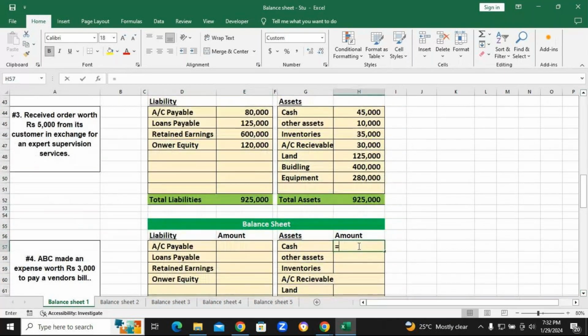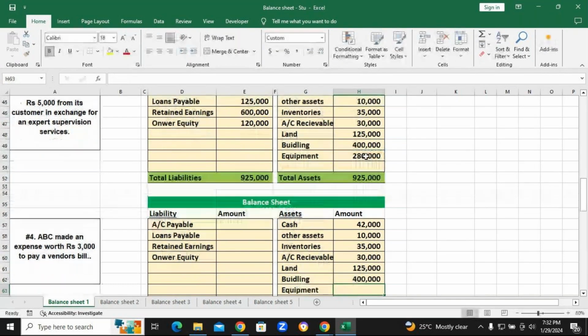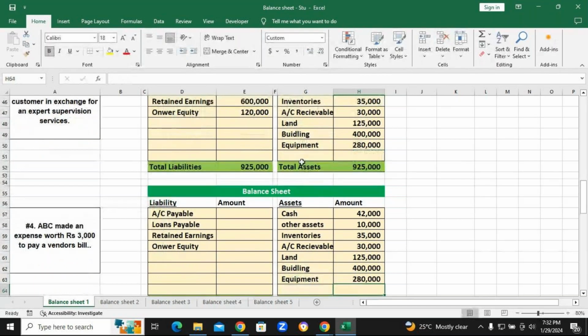So the values are going to be impacted on the cash, that is 45,000 minus 3,000 rupees. 3,000 rupees I am paying by cash. Other assets are going to remain the same. Inventories, account receivable, land, building, and equipment. Now account payable.